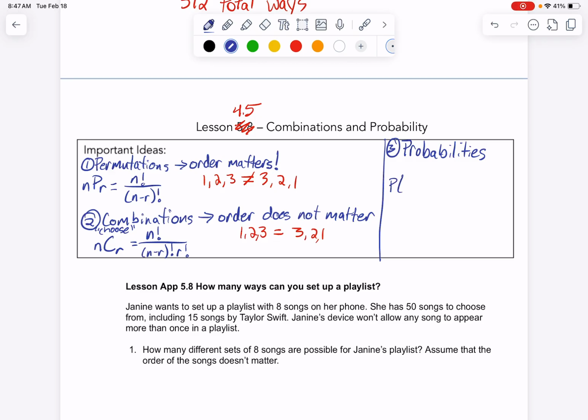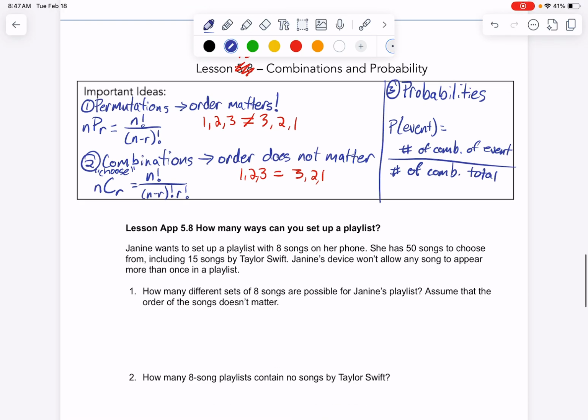And that's because the probability of an event is equal to the number of combinations of that event divided by the number of combinations total. So that relates to our desired outcomes divided by the number of total outcomes. Combinations are a way to find the number of possible outcomes.